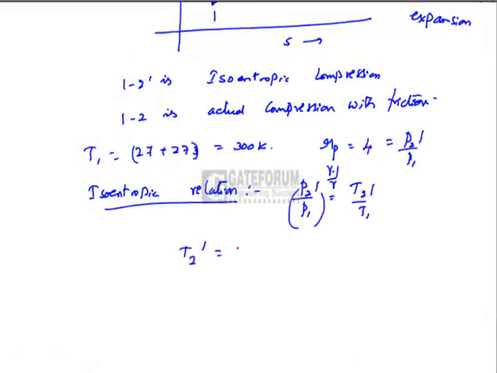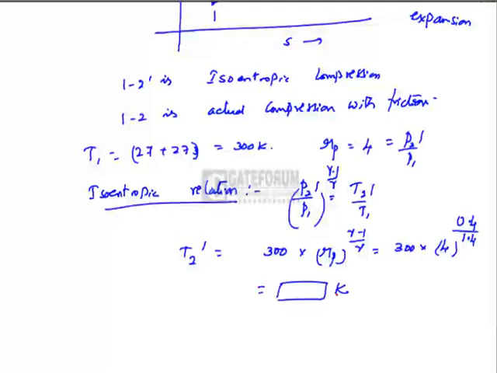T2 dash is equal to 300 into Rp to the power of (gamma minus 1) by gamma, that is 300 into 4 to the power of 0.4 divided by 1.4, from which we will obtain the T2 dash temperature in Kelvin scale.